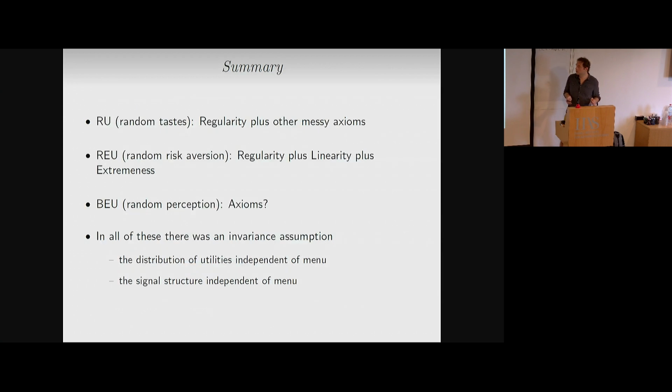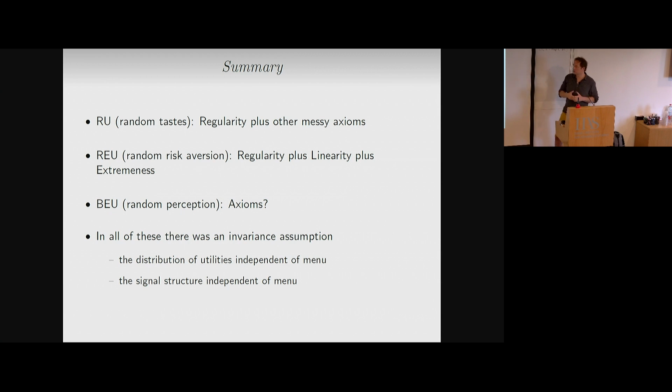Okay, just to sum up, random utility is a model of random tastes. It's regularity plus some messy axioms. Random expected utility is a model of random risk aversion: regularity plus linearity plus extremeness. Bayesian expected utility is a model of random perception.